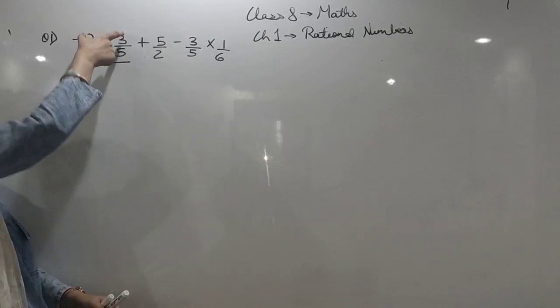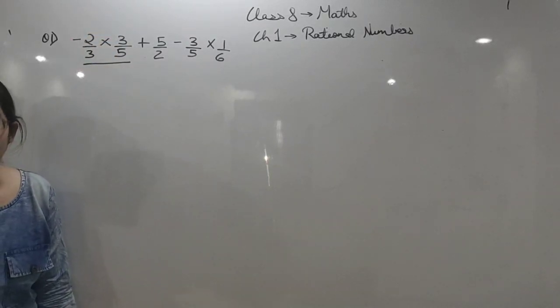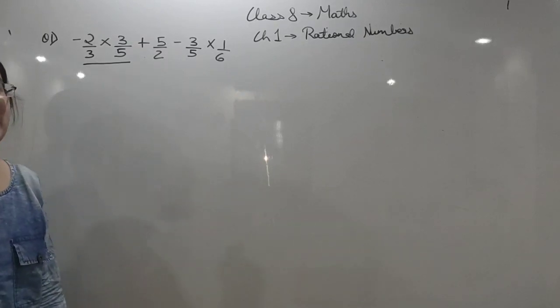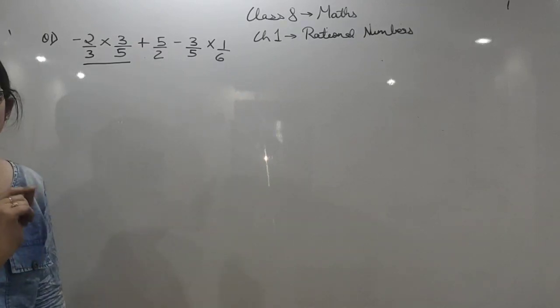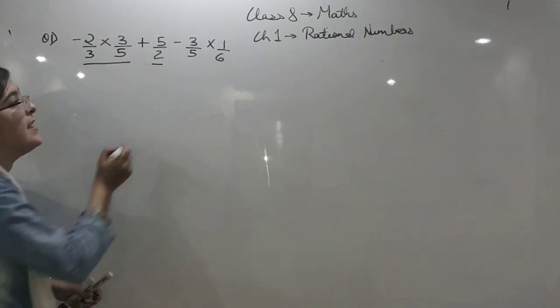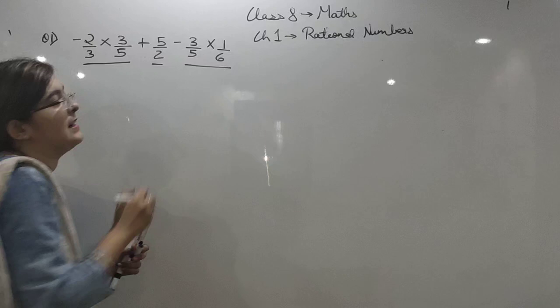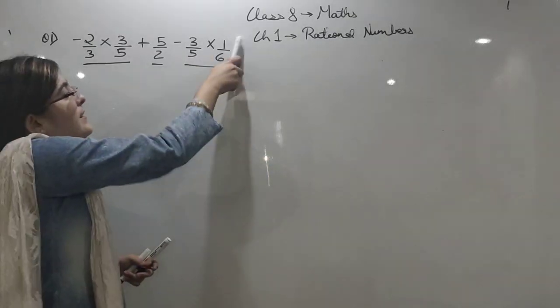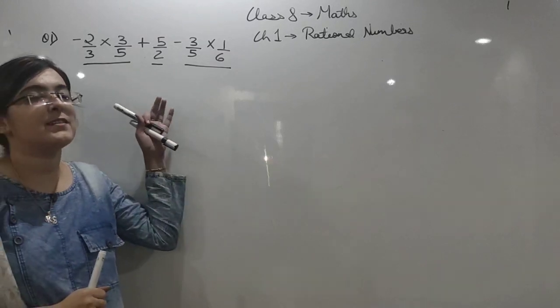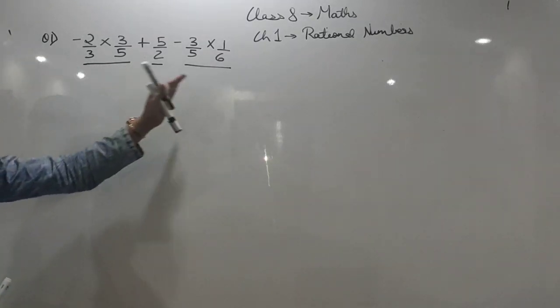We can say that it is 6 by 15. So this is your one term. Just try to understand these key features. And this is your second term and this is your third term. We can write it as 3 by 30. Clear? So in your first question there are 3 terms.